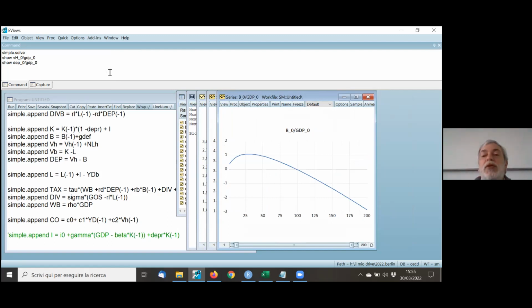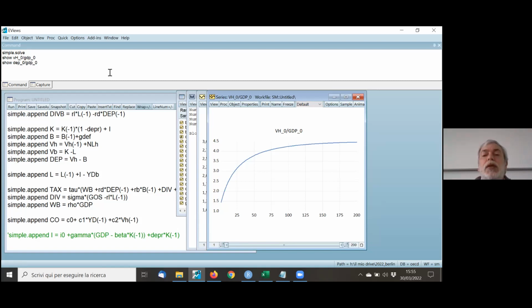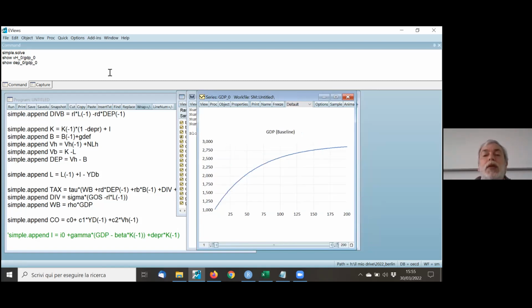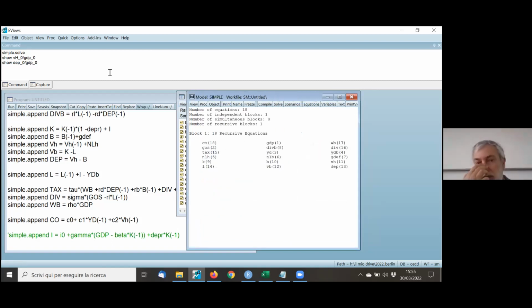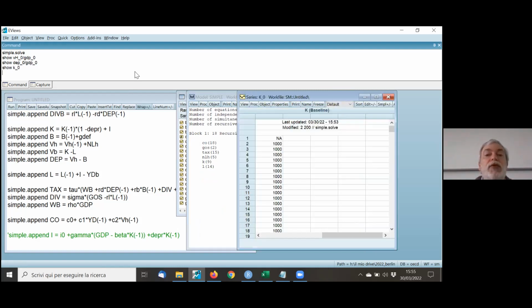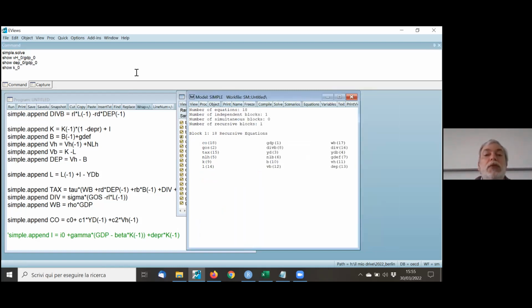So the government is going into a surplus. When you're not considering investment, no? No, investment is constant. So the stock of capital is constant. There's no problem with loans.